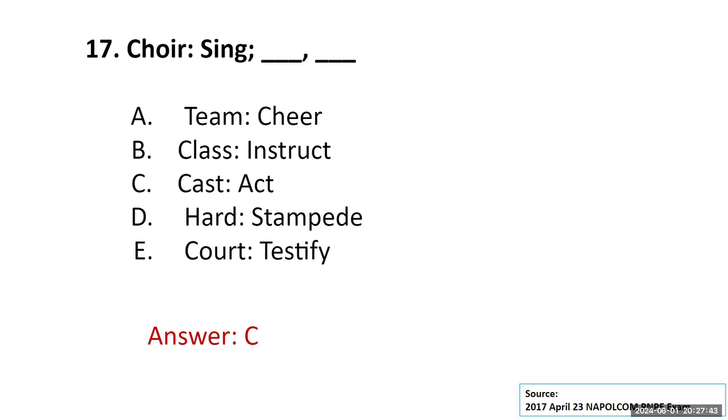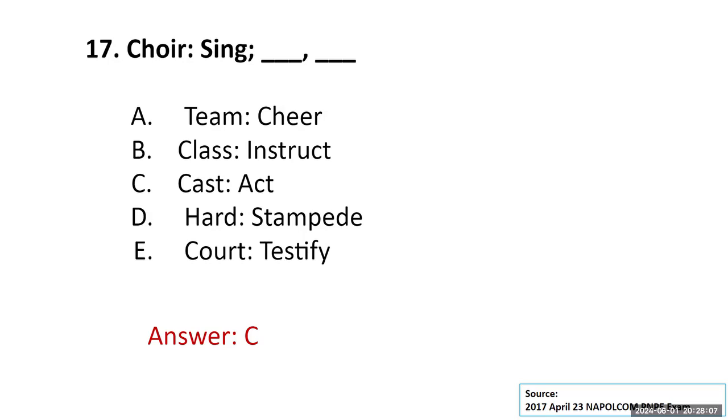Court is to testify. Not all happenings in the court is to testify, but for cast and act, if we have casts, okay, basically what do they do? Primarily, what do they do? Okay, they primarily do acting or action. So cast is to act.